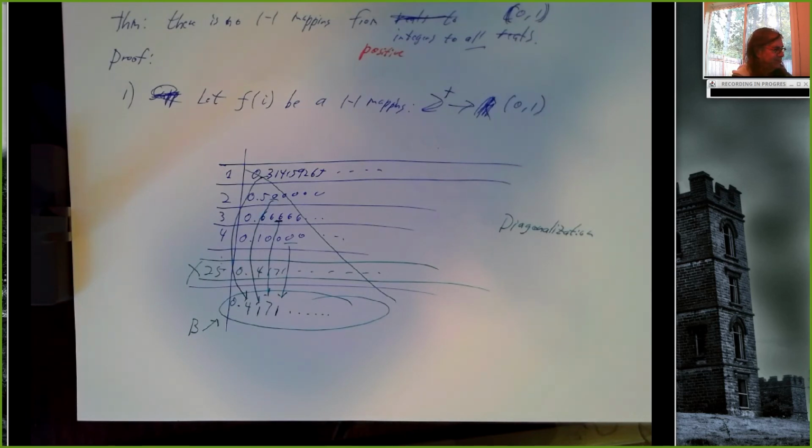It's hard to formulate a proof like this for a mapping from one set of integers to another set of integers, because, I think it's partially because an integer has a finite set of digits, and we're really depending on the fact that there's an infinite set of digits to a real number.